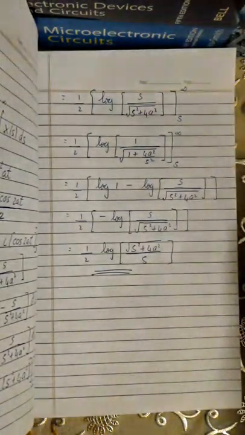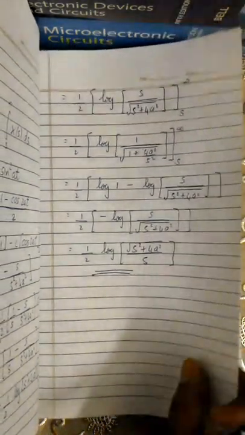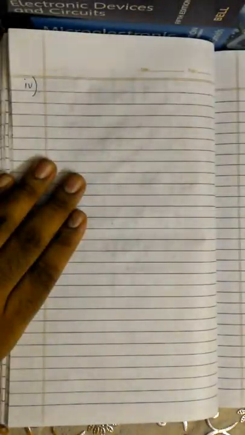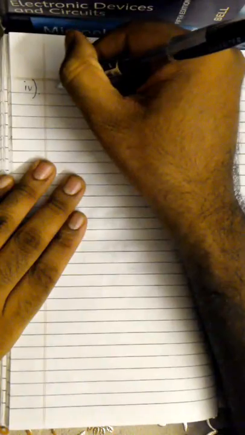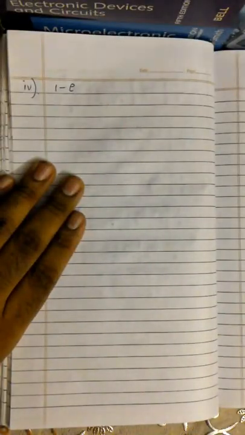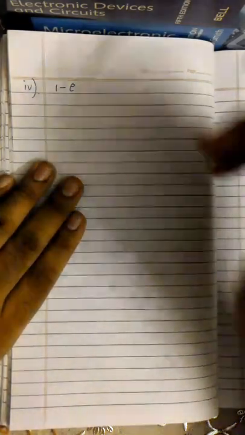Now let's do the next problem. The next problem is finding the Laplace transform of the equation 1 minus e raised to t by t.